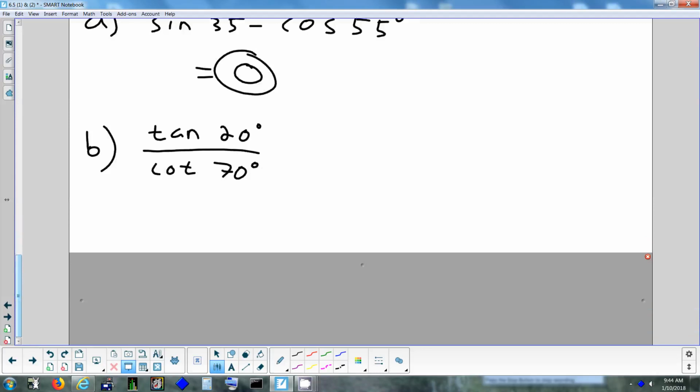How about tangent 20 divided by cotangent 70? Sam? It's 1. You're dividing cofunctions of complementary angles. Whenever you divide two things that are equal, you get 1.